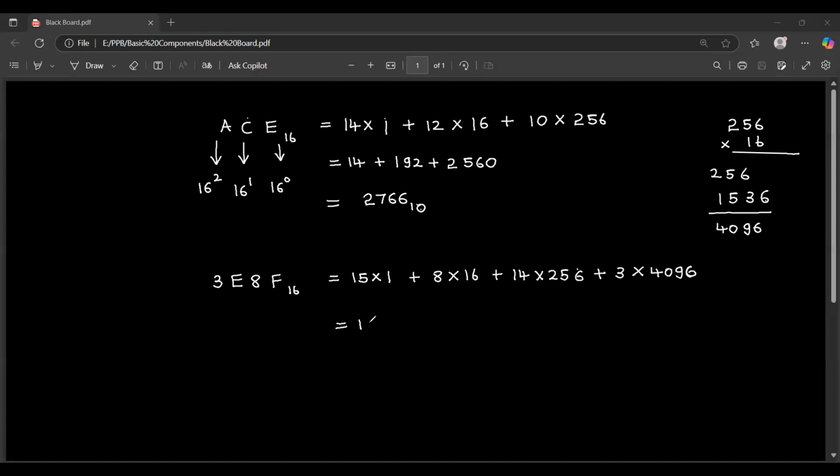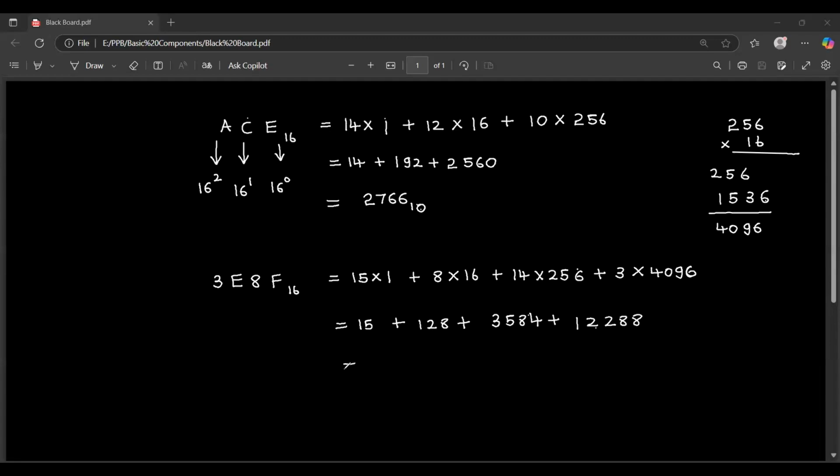So 15 into 1 will be equal to 15, plus 16 into 8 will be equal to 128, plus 14 into 256 will be equal to 3584. Plus 3 into 4096 will be 12288.